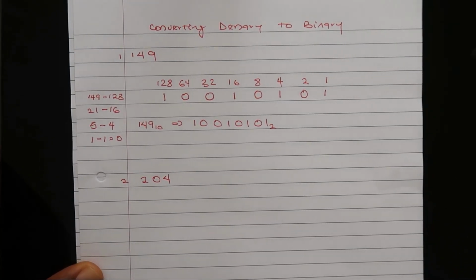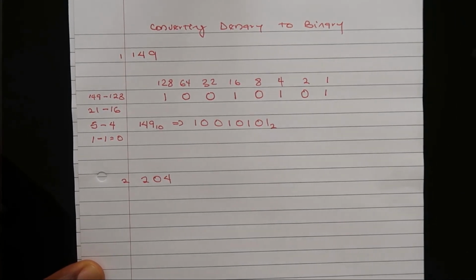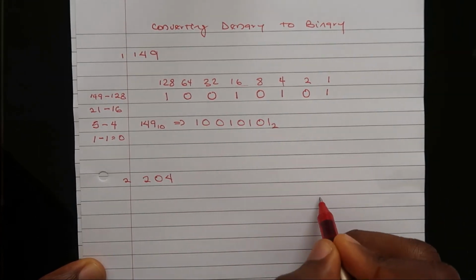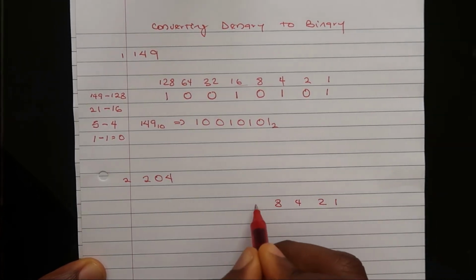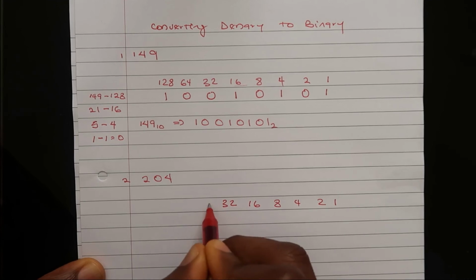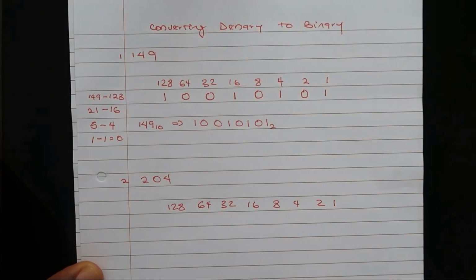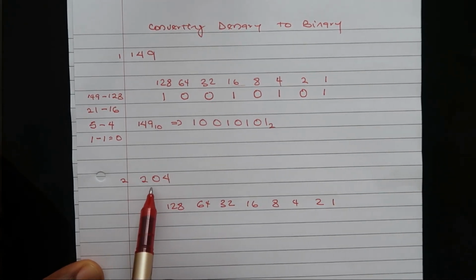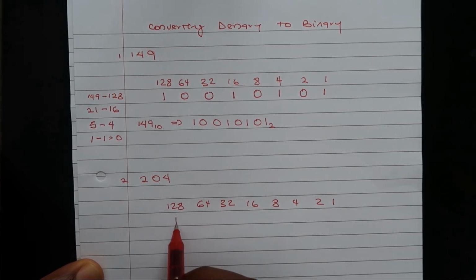If we're asked to convert 204 in denary to binary, again I'll repeat the same step up here, where I have 1, 2, 4, 8, 16, 32, 64, 128. Now I check again: is 204 bigger than or equal to 128? The answer is yes. I'll put a 1 there.